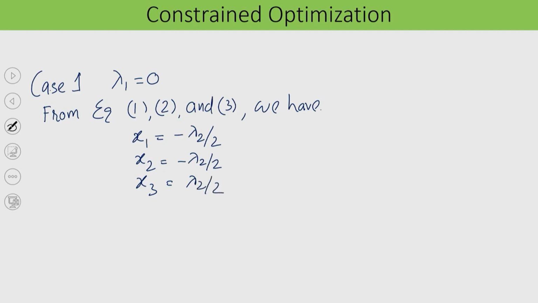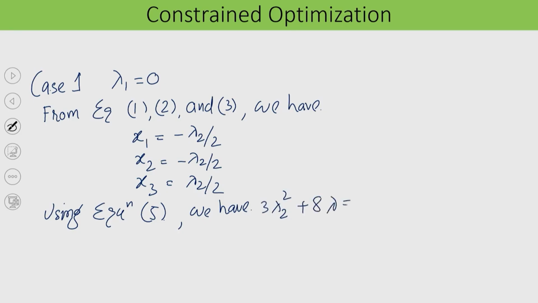Now, from equation 5, using equation 5, we have that 3 lambda 2 square plus 8 lambda equal to 0.